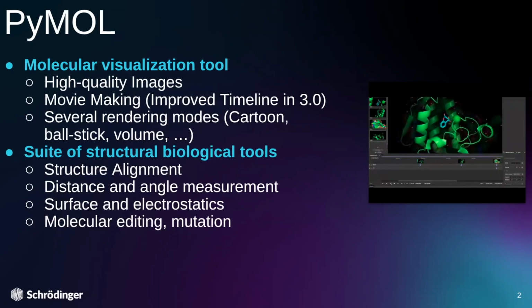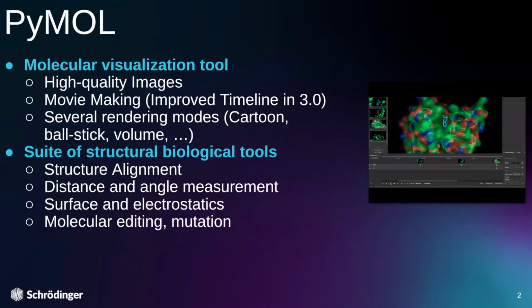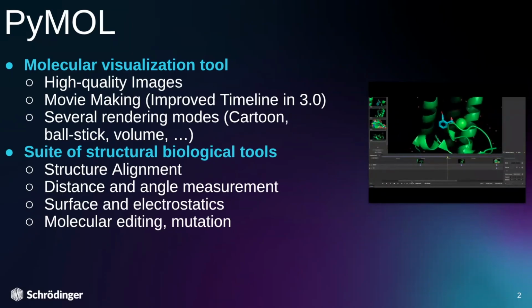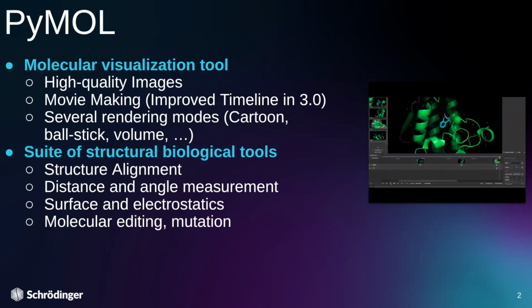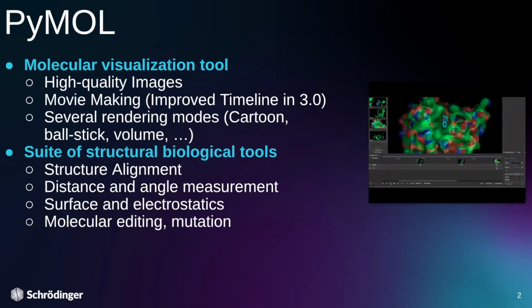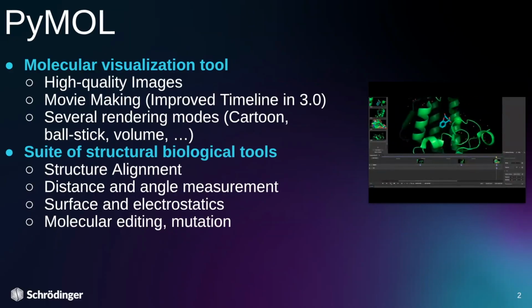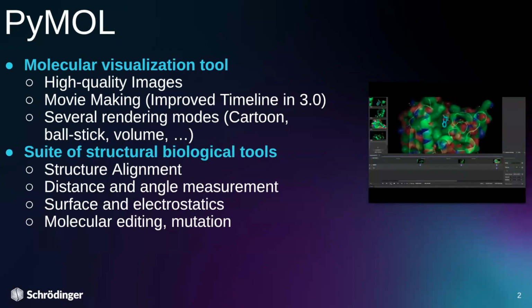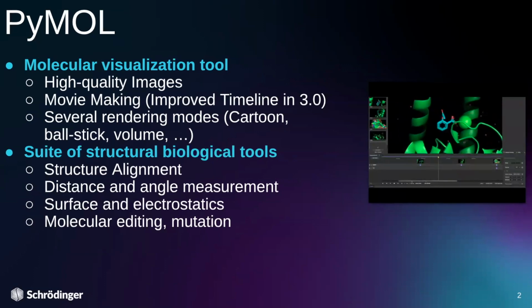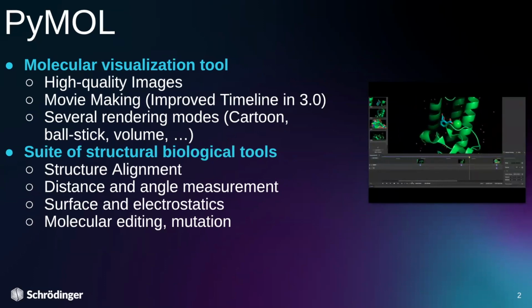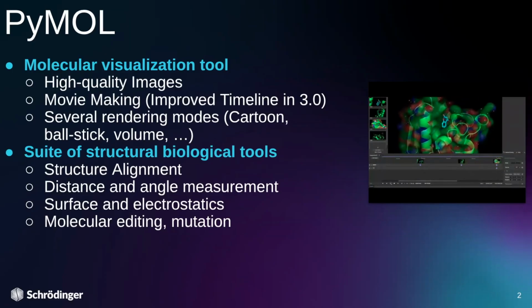If you wanted to do something like structural alignments, that is available, and we're continuously adding to our repertoire of structural alignment tools. We also have distance and angle measurement, which you would expect from a tool like PyMOL, the ability to map electrostatic potentials on a surface, and molecular editing tools. Rotamer and residue-based mutations are available in PyMOL.